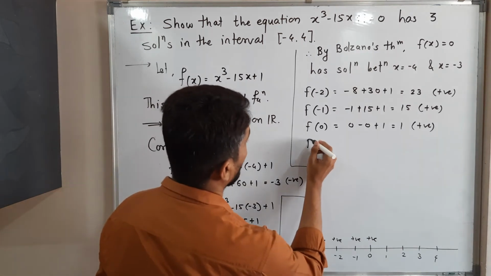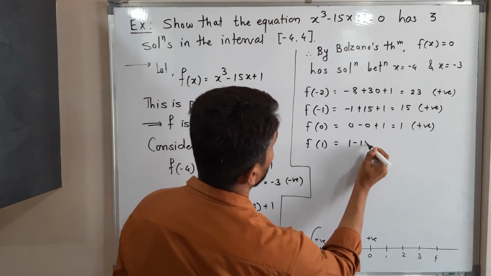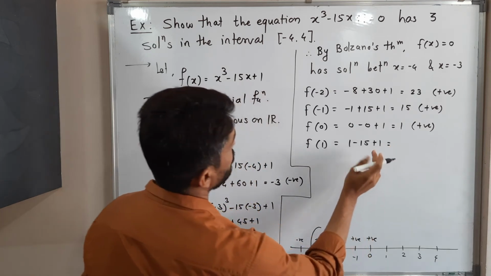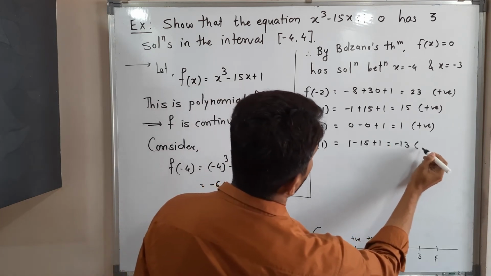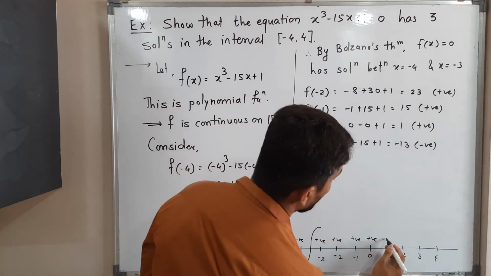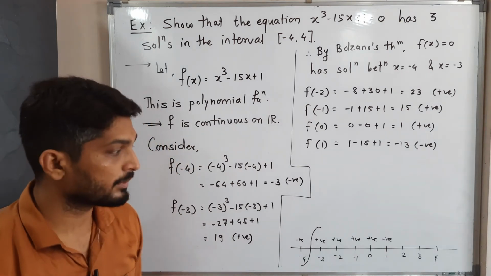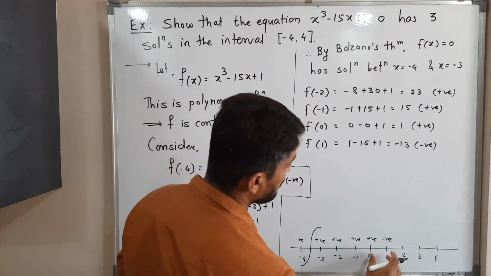Let us find at 1. So f of 1, let us put 1 here. 1 minus 15 plus 1, right? So it is minus 13. Negative. See, we got a negative value here. So here we have positive, there we get a negative. So again Bolzano's theorem says there is a solution between 0 and 1.